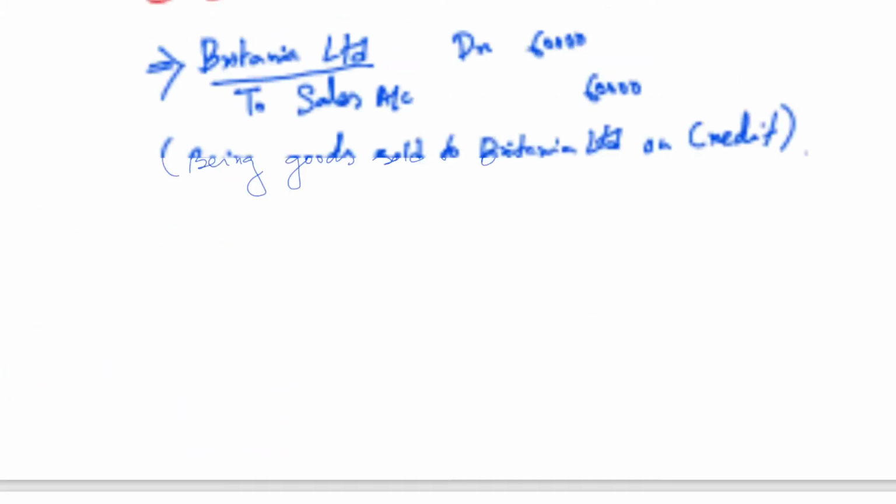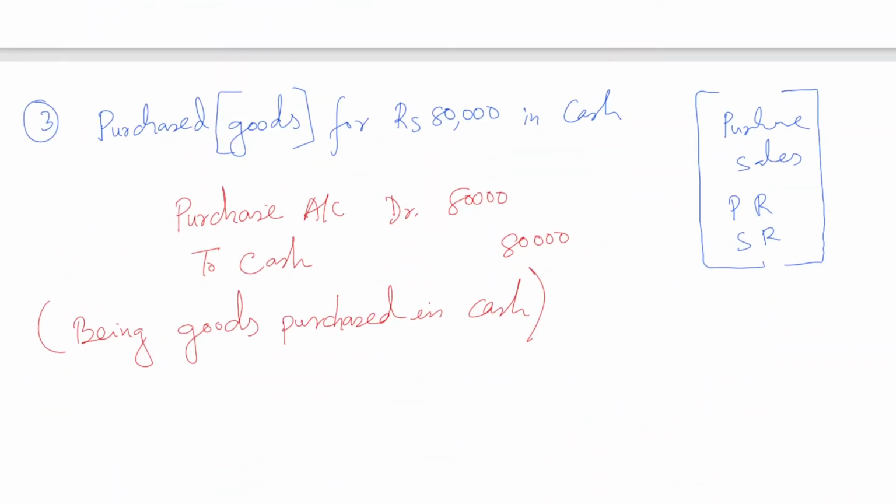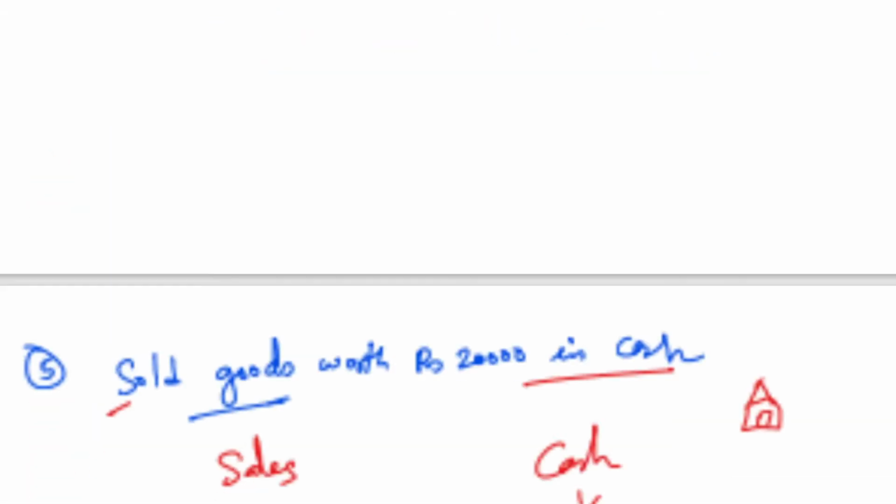Return goods to HUL. From HUL we have purchased goods on credit, no? So we are returning goods worth rupees 10,000 to HUL.